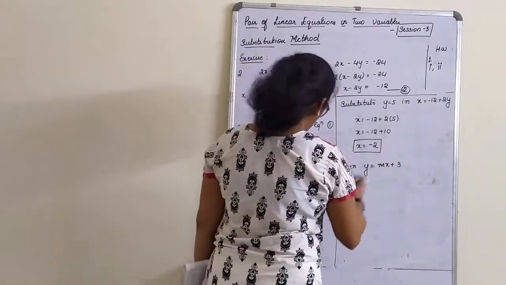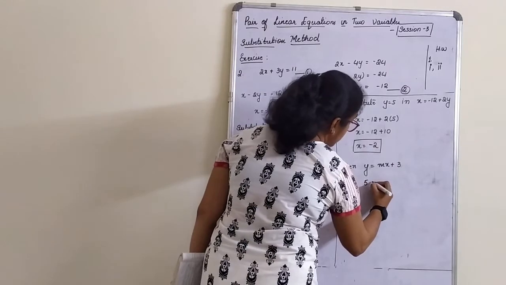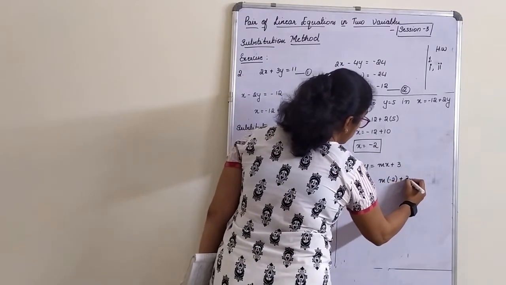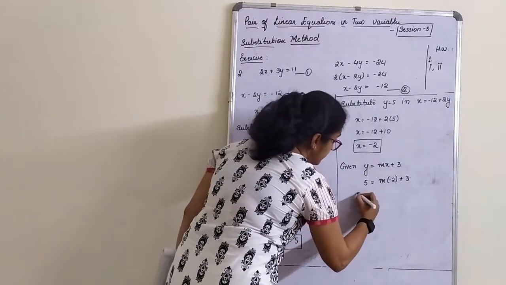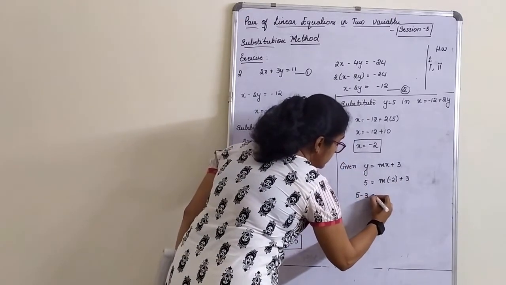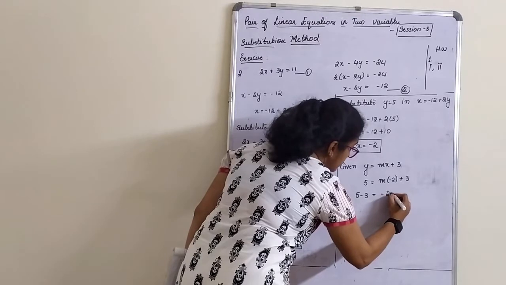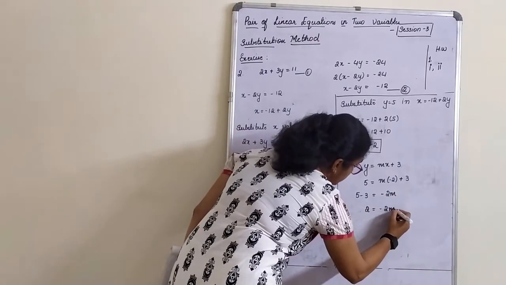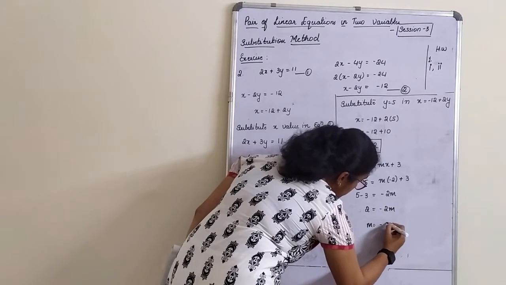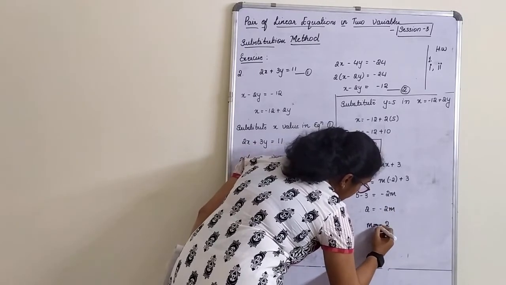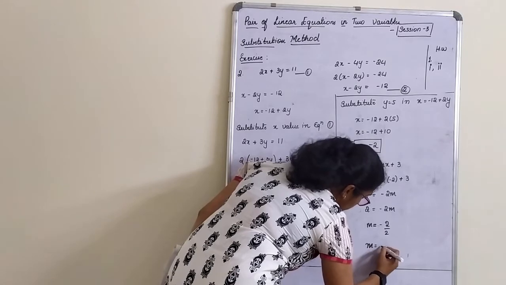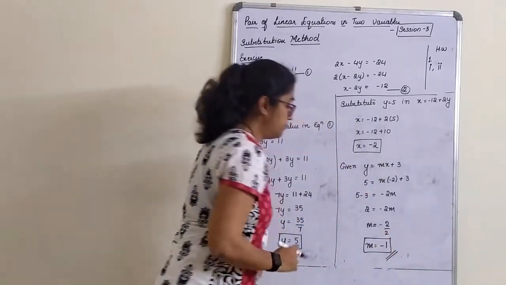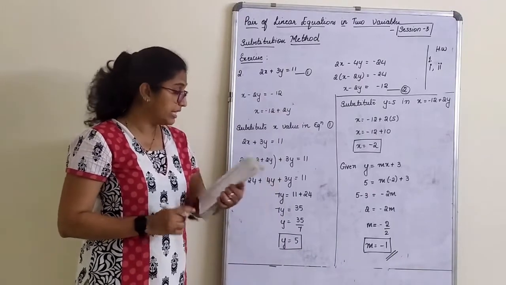So what is the y value here? 5 is equal to m as it is, x value is minus 2, plus 3. Transpose this side. 5 minus 3 is equal to minus 2m. 5 minus 3 is 2, equal to minus 2m. M is equal to minus 2 by 2. M is equal to minus 1 is the solution for the given equation.